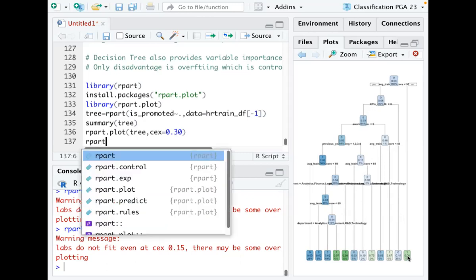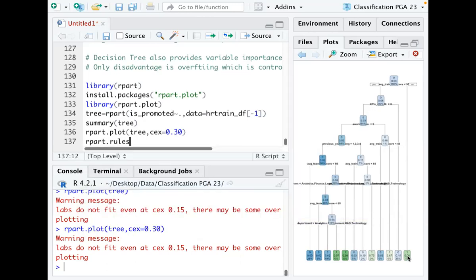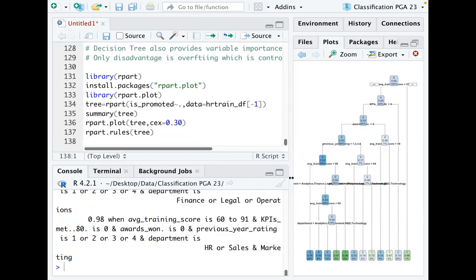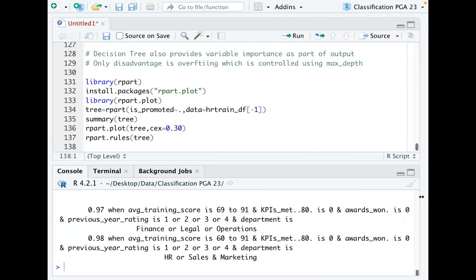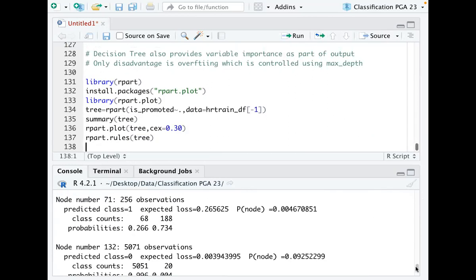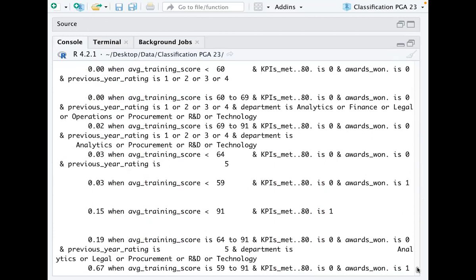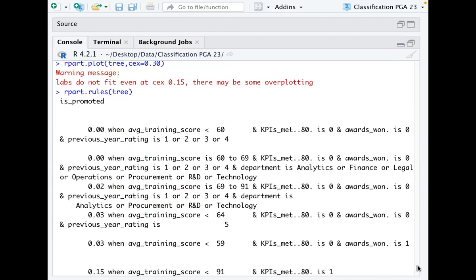rpart.rules. The detailed rules are given for prediction. And in rpart.rules, you get the probabilities here.